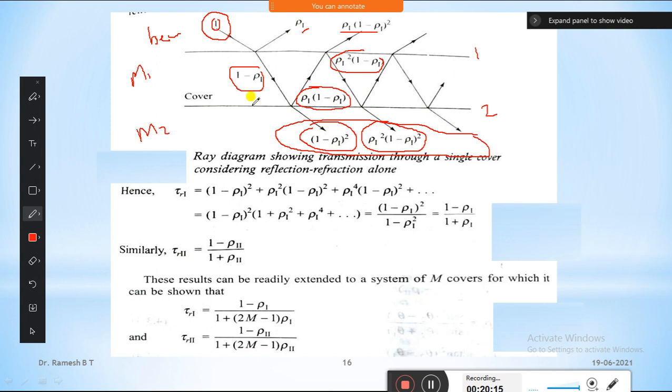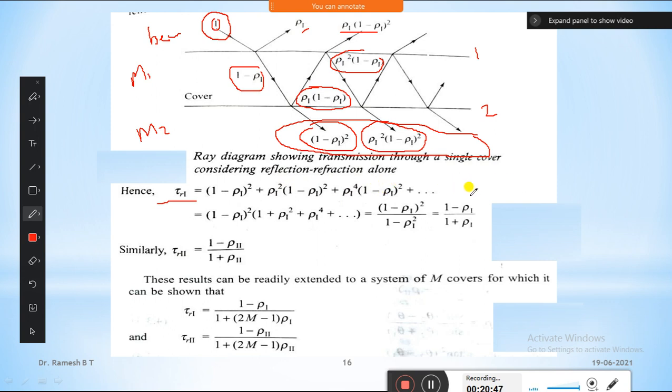Was it clear? And finally this expression, for tau r1, for the interface 1, is given by (1 minus rho 1) whole square, and whatever reaches from the interface, that is what we are going to take. So (1 minus rho 1) whole square, next plus rho 1 square into (1 minus rho 1) whole square, plus rho 1 to the power of 4 into (1 minus rho 1) whole square.